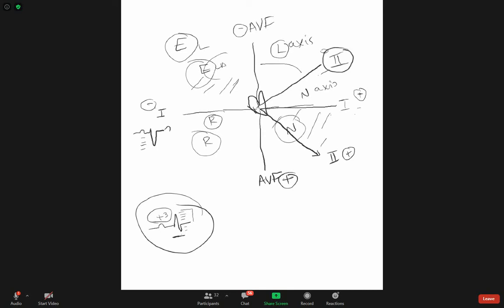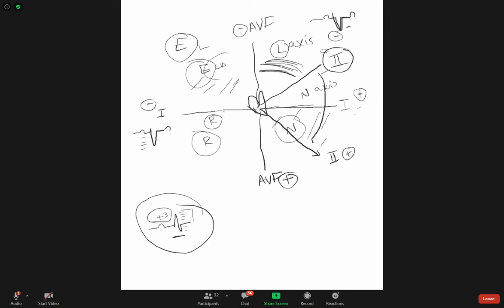If lead 2 is positive, it means you're within the normal side. If lead 2 is negative, what I mean is you're going to see a P wave, but then you see an S more than any R, S, and T wave, but it's mainly an S. So if lead 2 is negative, you are in a left axis.